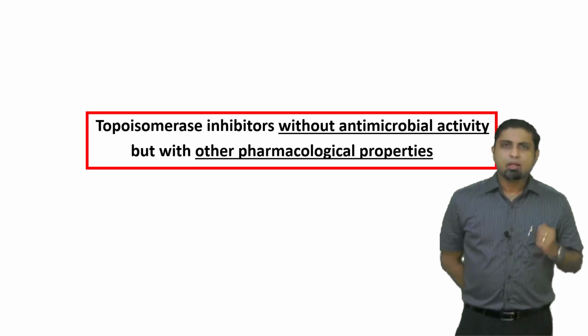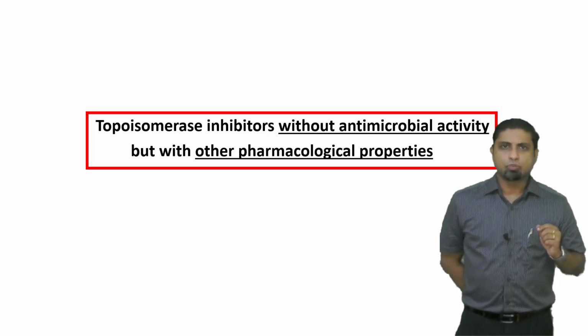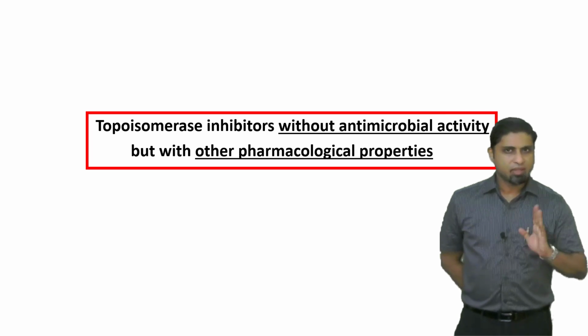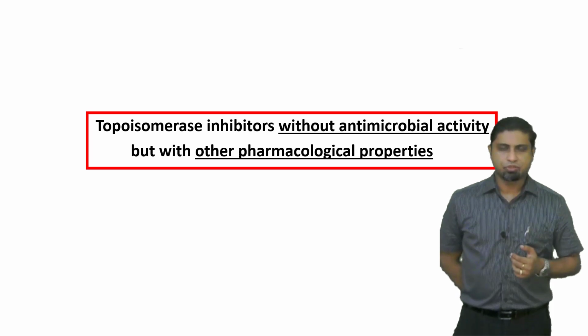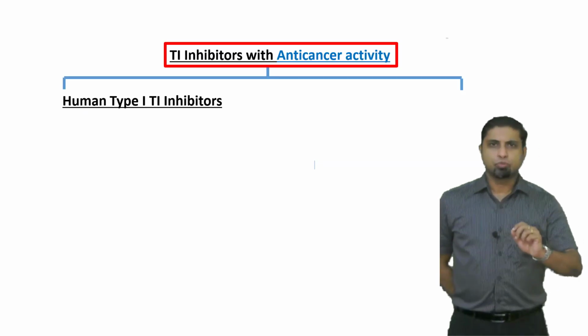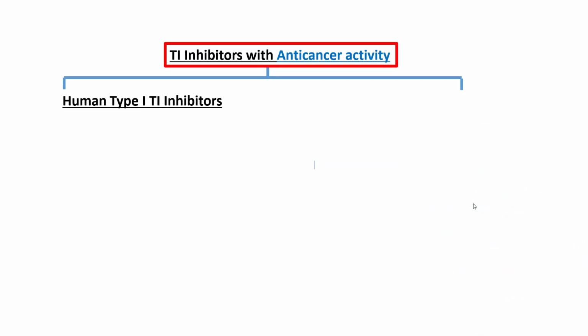Now, there are topoisomerase inhibitors without antimicrobial activity but with other pharmacological properties, and it is useful for us to study these as well. Topoisomerase inhibitors without antimicrobial activity but with anti-cancer activity may be classified into two types: type 1 topoisomerase inhibitors in humans, and type 2 topoisomerase inhibitors in humans.